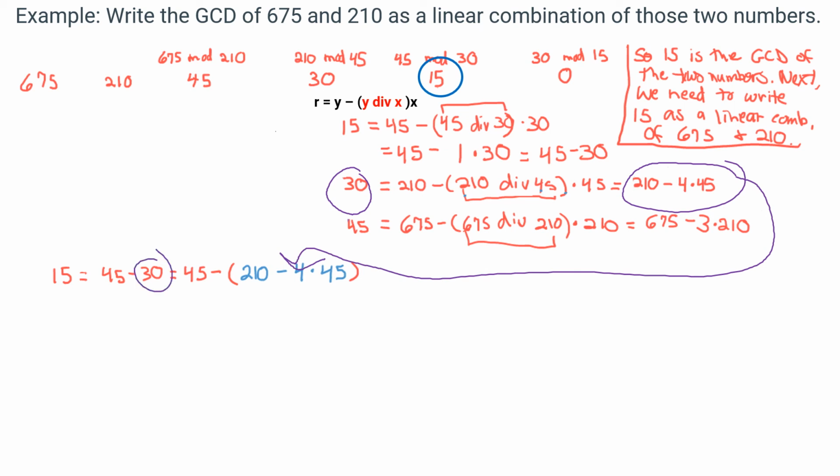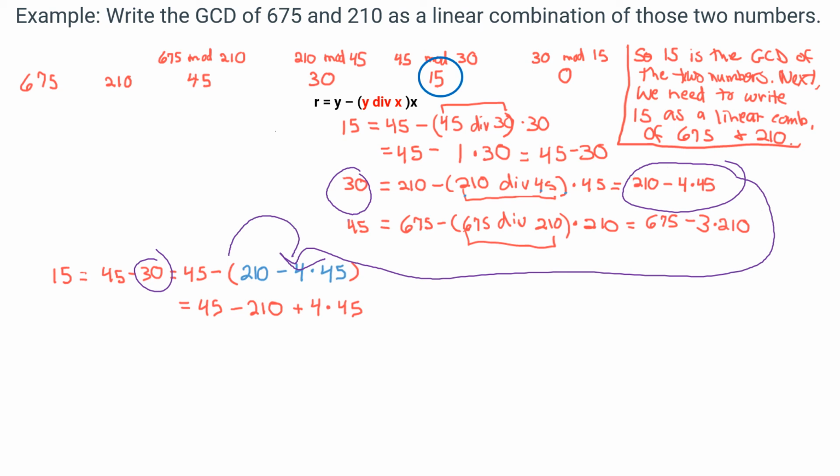Okay, so we put that in place of 30, and now we see we've got a linear combination, but we're going to simplify it a bit. Our two numbers in there are the 45 and 210. So we've got a 45 and then a minus a negative 4, so we'll distribute that minus sign.